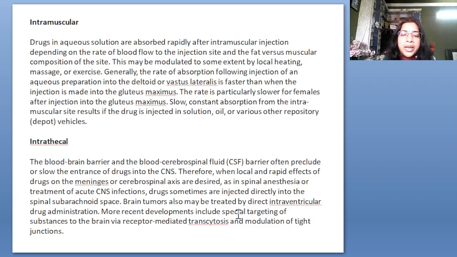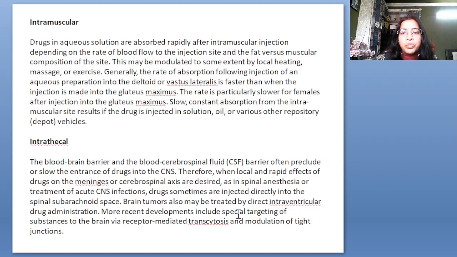Intrathecal: the blood-brain barrier and the blood cerebrospinal fluid barrier (CSF barrier) often preclude or slow the entrance of drugs into the CNS. We have already discussed this. Therefore, when local and rapid effects of drugs on the meninges or cerebrospinal axis are desired, as in spinal anesthesia or treatment of acute CNS infections, drugs sometimes are injected directly into the spinal subarachnoid space.